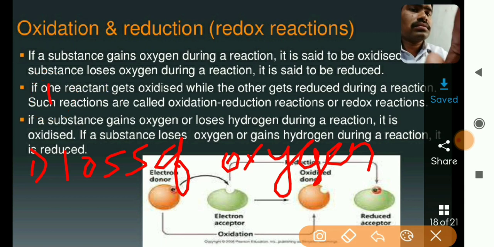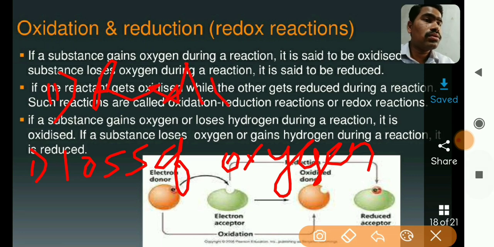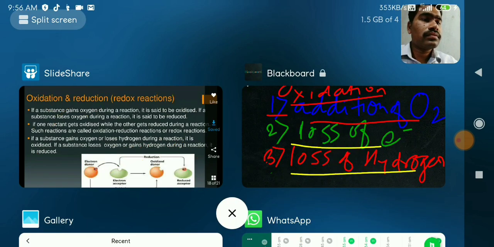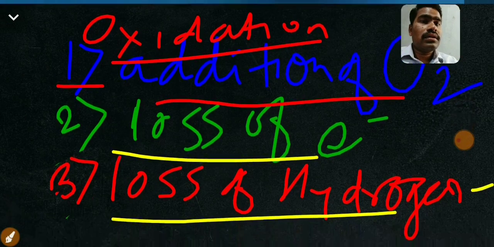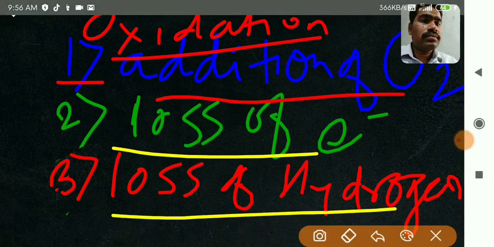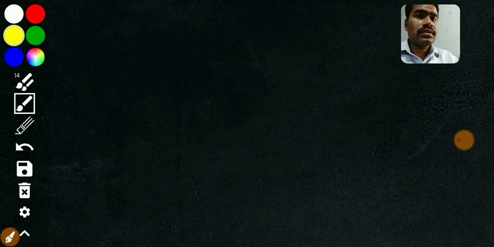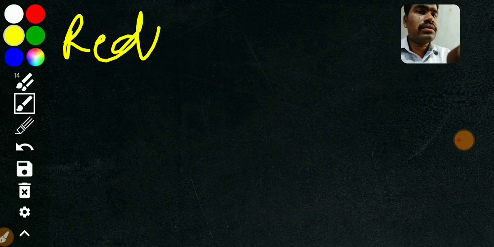The second type we are going to discuss, that is reduction. Let me go to the blackboard. See here, reduction we'll try to define here.